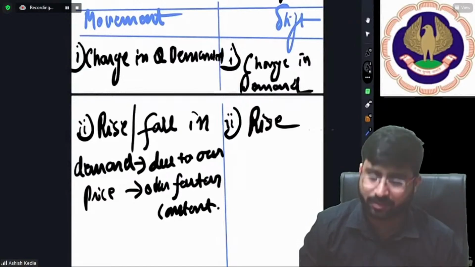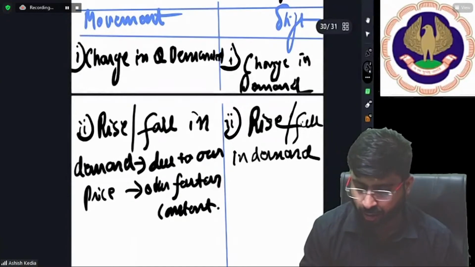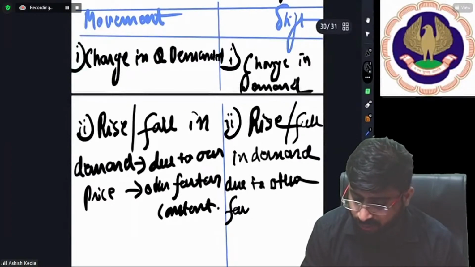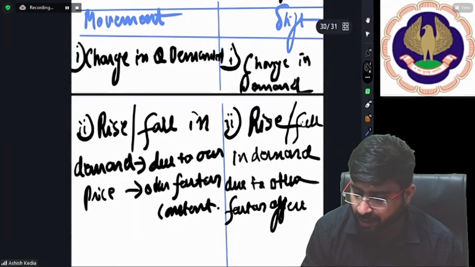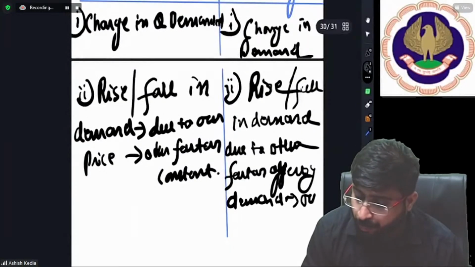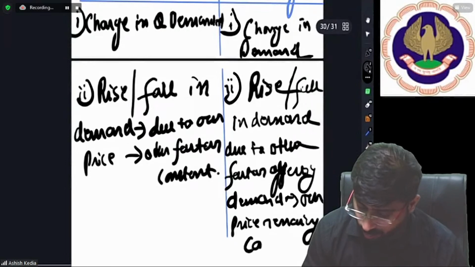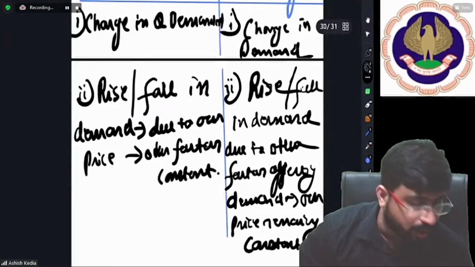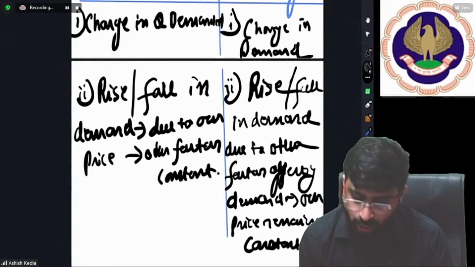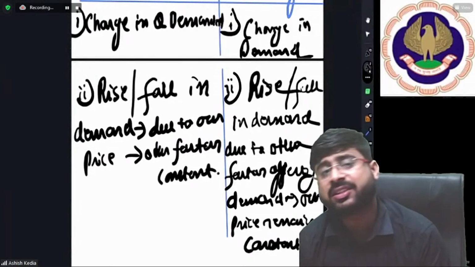So pay attention everybody, when there is a rise or fall in demand due to other factors affecting demand, own price remaining constant, that is shift.